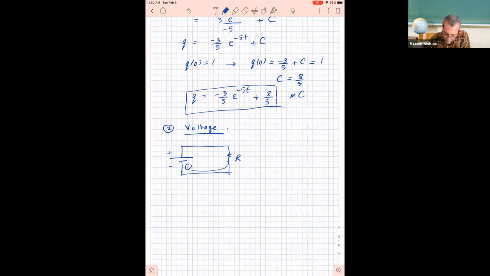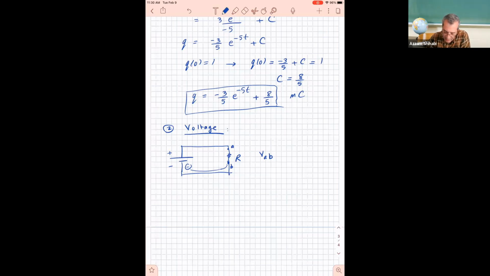Now, to be able to go through the resistor, this charge needs energy. So what are we going to notice here? That we're going to notice a difference in potential, or a voltage across the resistor, developed across the resistor. So if, say, for example, this is node B or point B, and this is A, there is a voltage or a potential difference between these 2 points. We call it voltage, VAB.